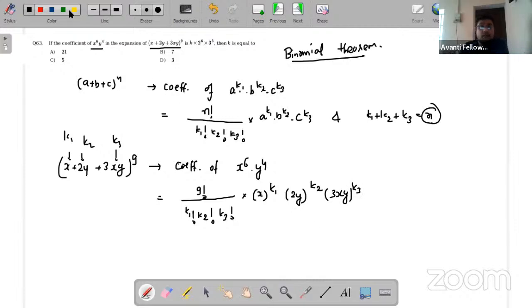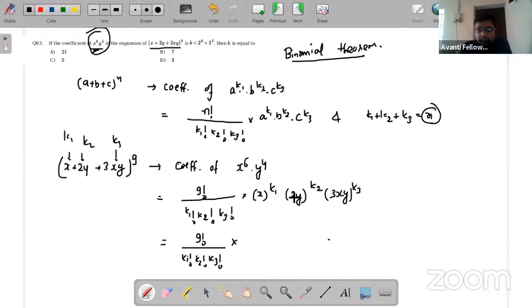Okay, clear? What we need to find out is the coefficient of x to the power 6 into y to the power 4. So first of all, we should rewrite it such that x to the power something and y to the power something is there, so that we can equate with this. Here we can write k1 factorial, k2 factorial, k3 factorial into.